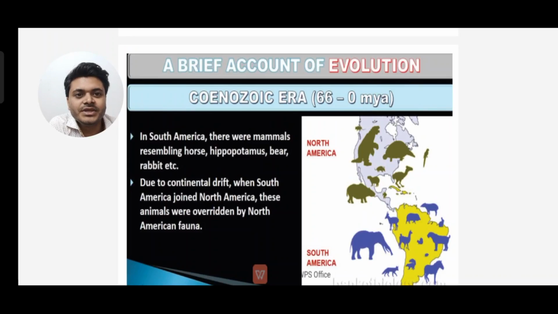So you can see in South America there were mammals resembling horse, hippopotamus, bear and rabbit. Due to continental drift, when South America joined North America, these animals were overridden by North American fauna.